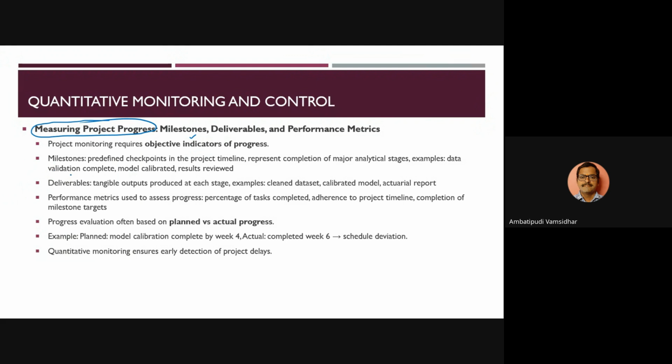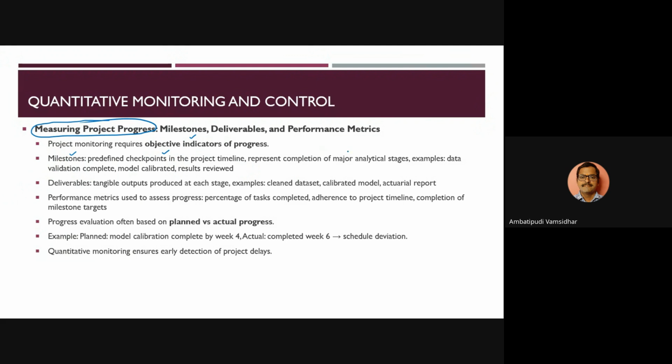We have already talked about milestones, right? You will have to monitor those milestones because milestones are nothing but, in the overall project timeline, you will put some specific time points where you will decide, am I able to complete my project till that particular stage by that particular time?